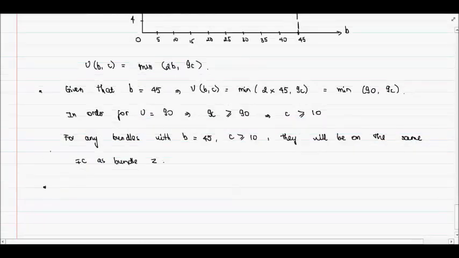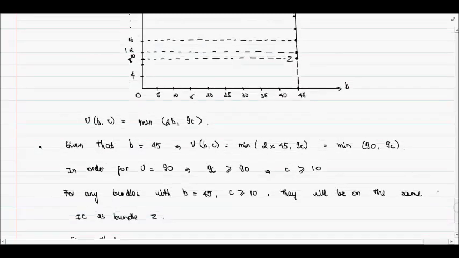Given that we keep the value of C at 10, which is basically the vertex point, we want to see what the value of B is such that it gives the same utility. So we know that B is anything to the right of the bundle.